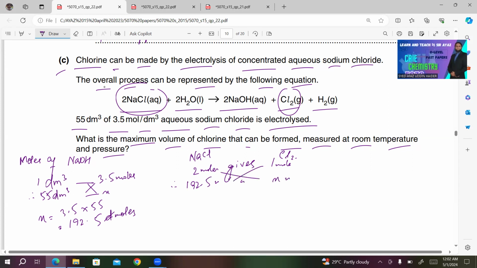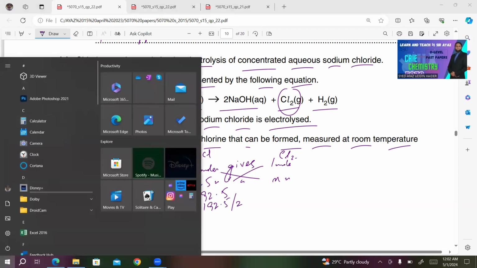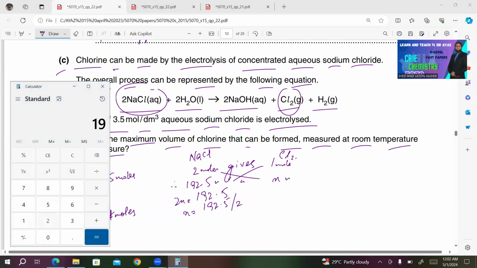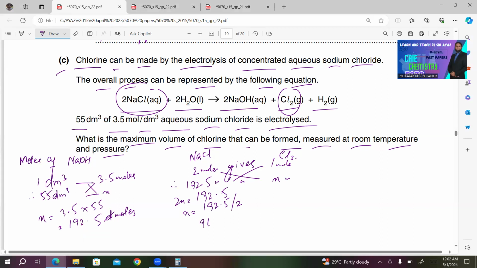So you write 2X is equal to 192.5, or X equal to 192.5 divided by 2, which is 96.25. These are the moles of chlorine.